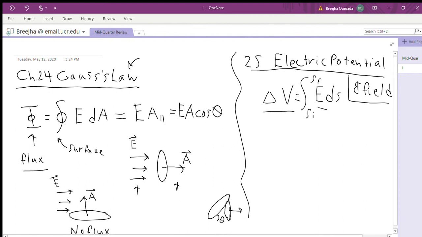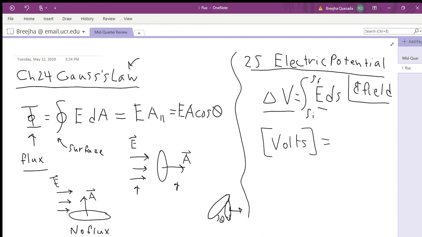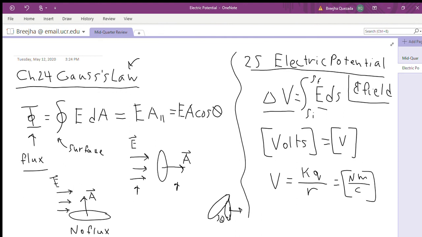Electric potential has the units of volts, which we usually just denote by V. And this is actually equal to another expression, kq over r, or just newton meters per coulomb. There's also the relationship to potential energy, but I'm not going to cover that here.